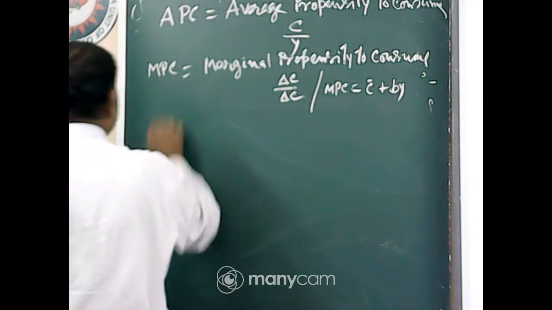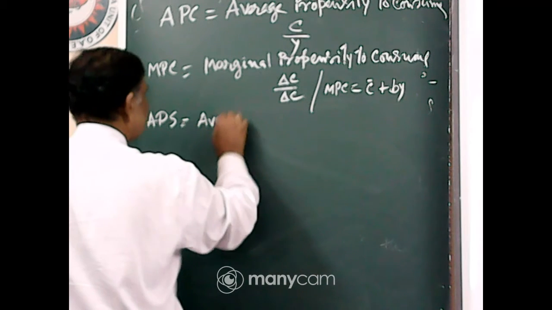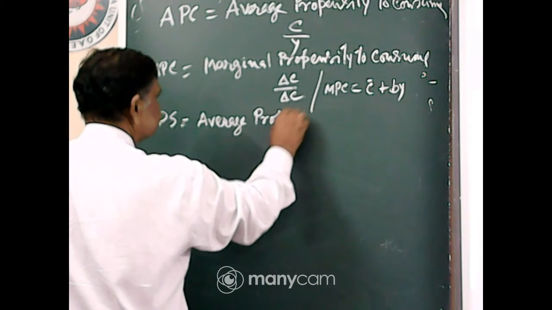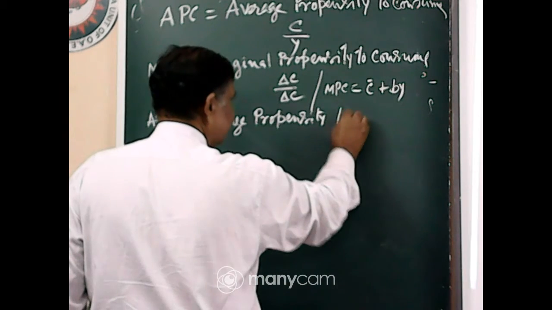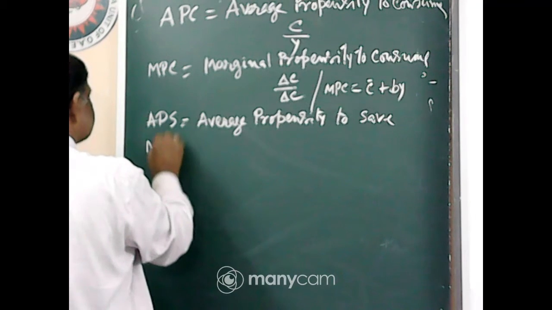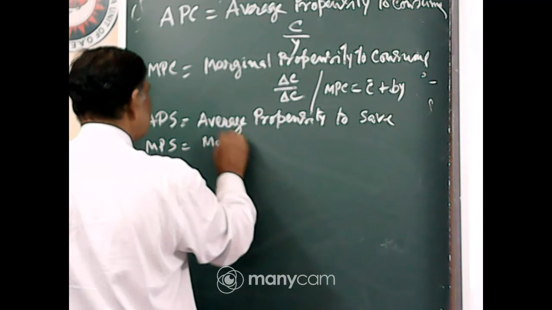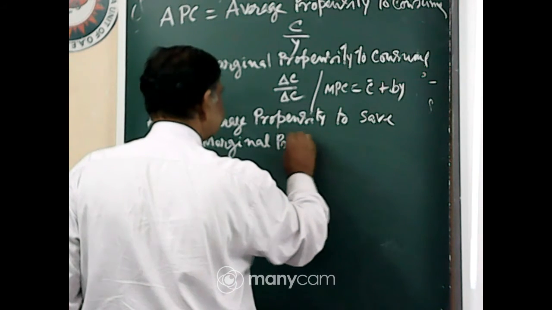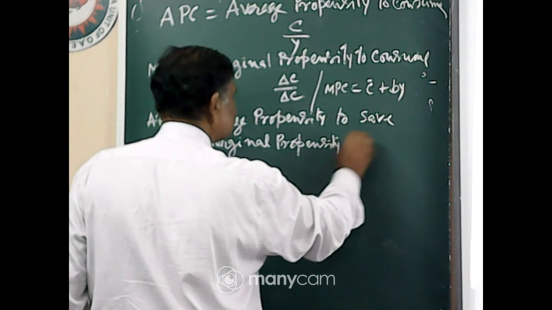And then APS, average propensity to save, and MPS means marginal propensity to save.